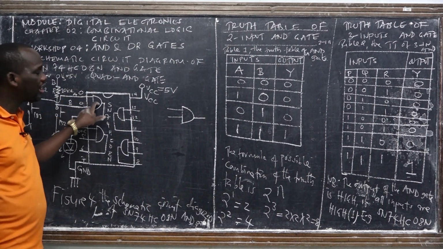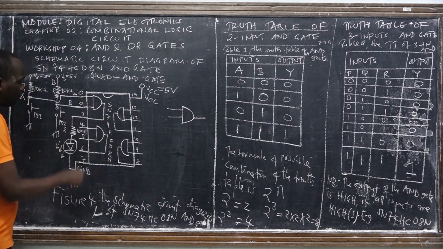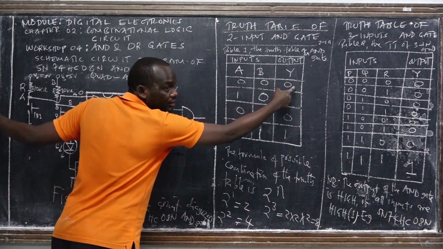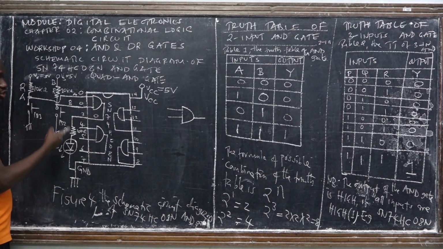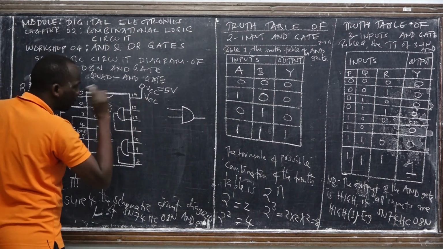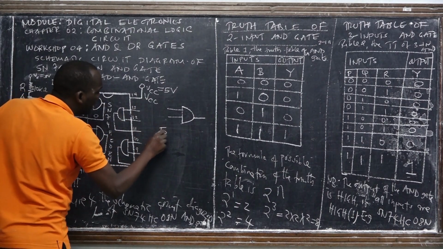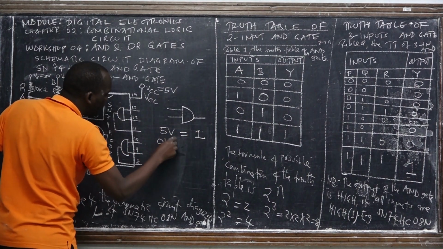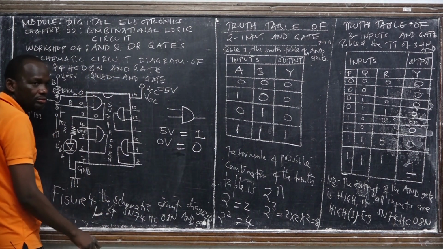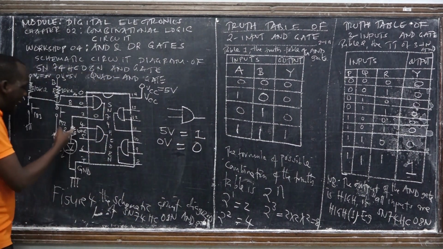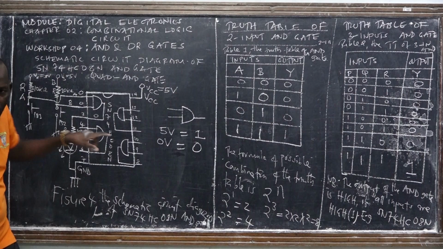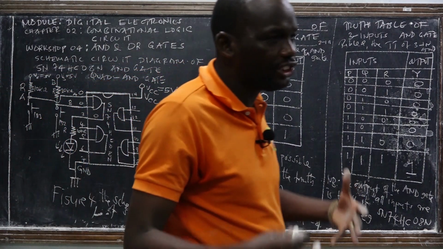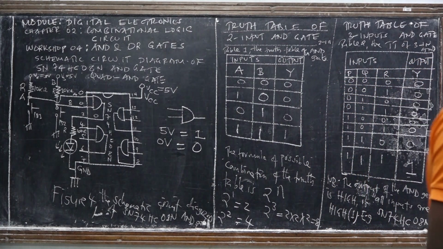So 0 times 0, the output is 0. That's why we have 0 here. According to our philosophy, 5 volts represents bit number 1 and 0 volt represents bit number 0. So if you have 0 volt, then the LED will not turn on, because the LED needs some supply voltage to turn on or to give out light.